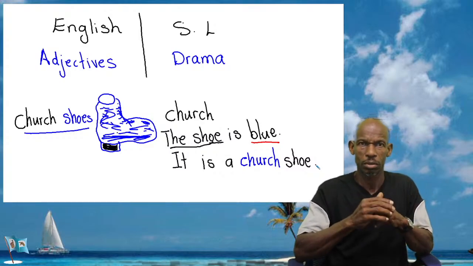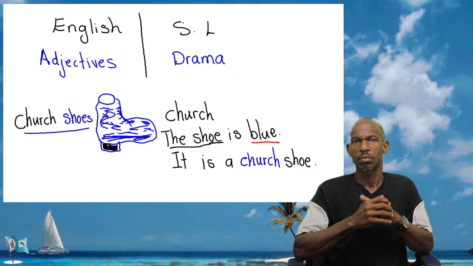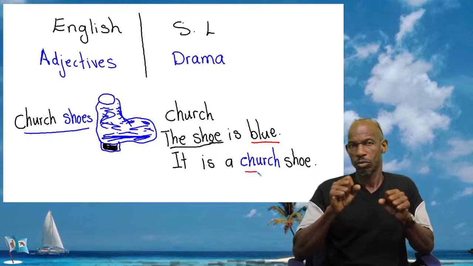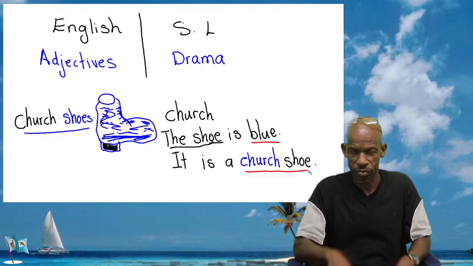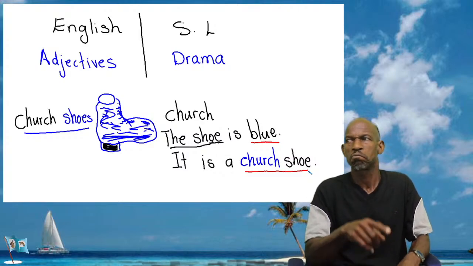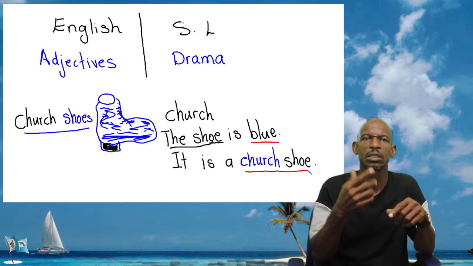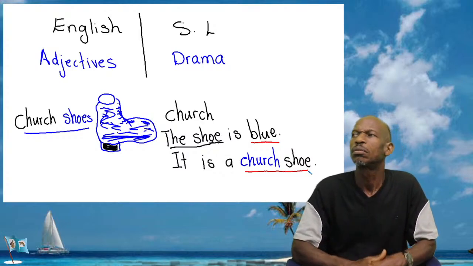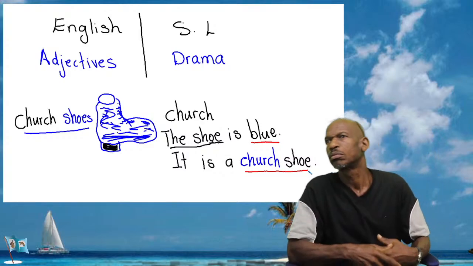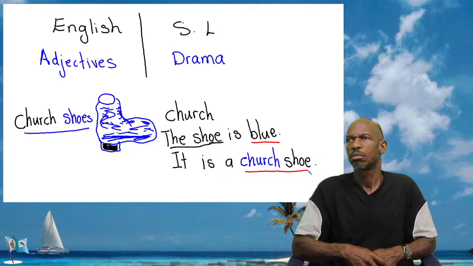So that is how I am going to describe my shoe. I cannot say the shoe is church, because normally that word church is not an adjective. It becomes an adjective as I put it in front of the word here.